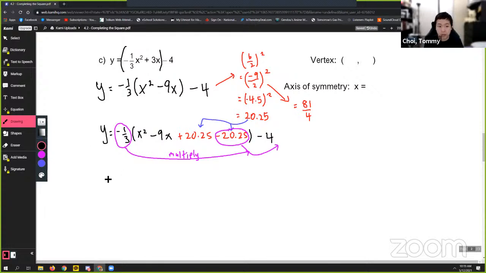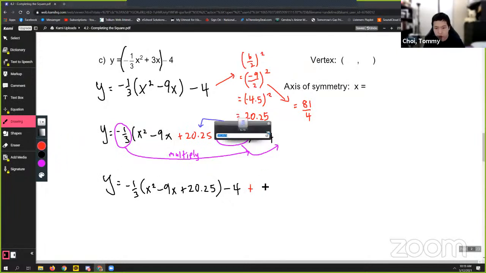So make sure you try this on a calculator now. Don't just copy it down from me. Okay? What you should be able to get here when you multiply it out correctly is this. Notice how everything has stayed the same, and on the outside we should get plus 6.75.